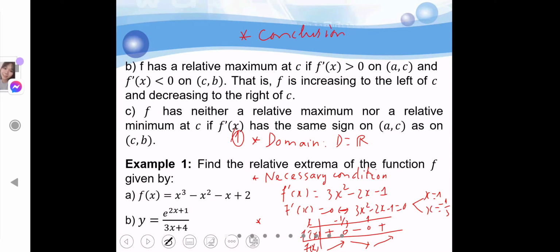One step, two step, three step, and four step. Okay, conclusion. How many conclusions do we have?